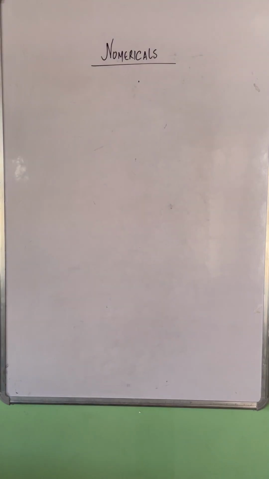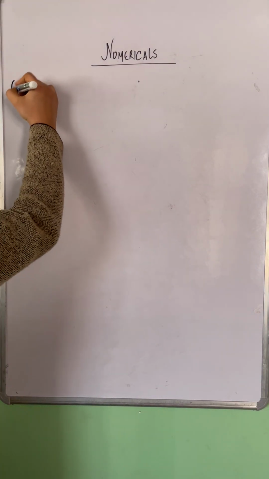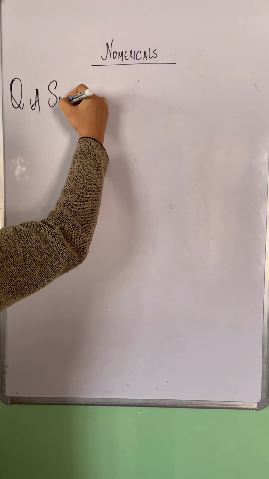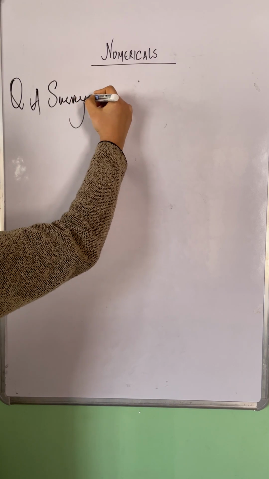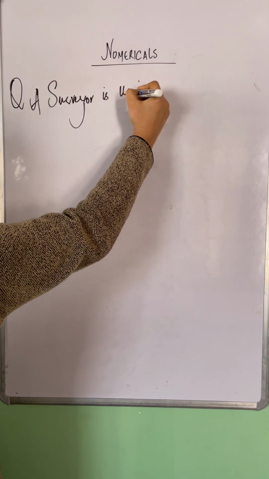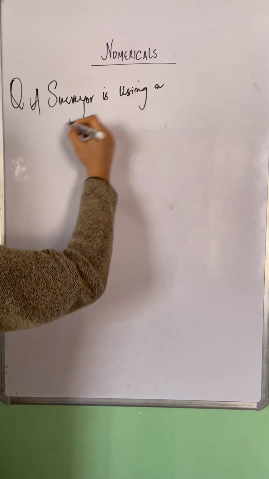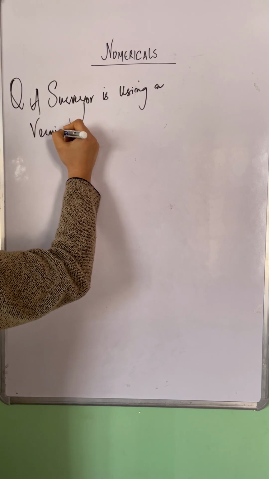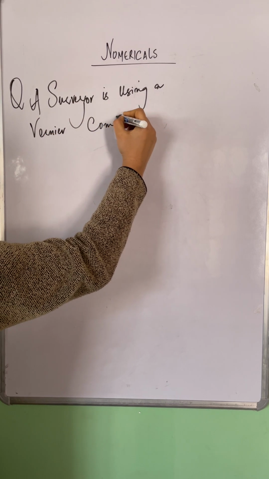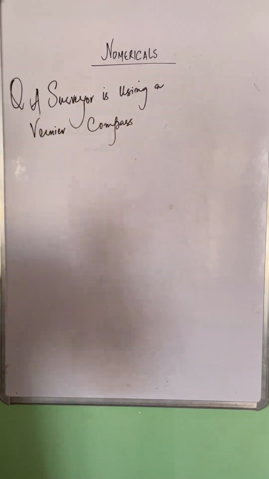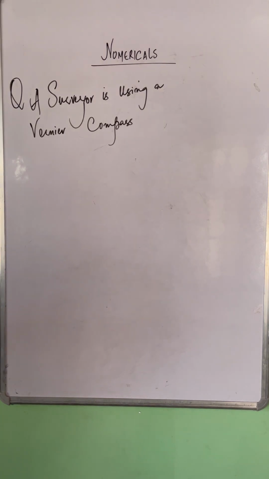The question is, a surveyor is using a vernier compass to measure the bearing of the line.